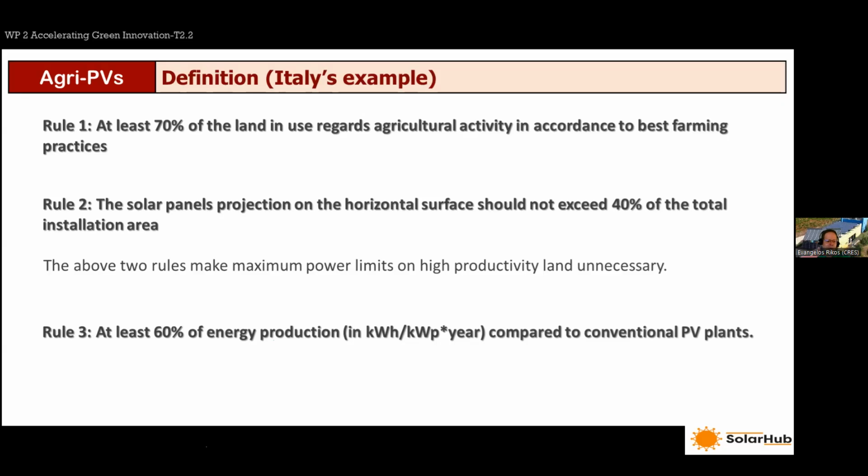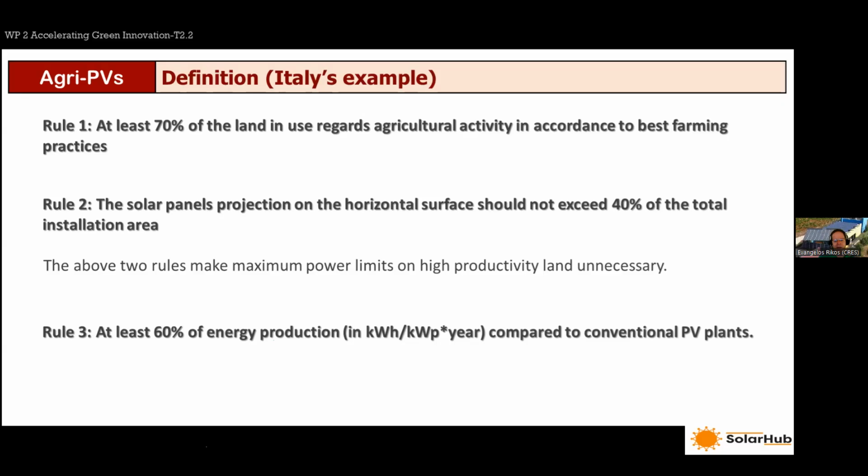The second rule is that the solar panel projection on the horizontal surface should not exceed 40% of the installation area. And of course, these two rules set some maximum power limits or energy limits, let's say, in the use of the land for installing the photovoltaic system.